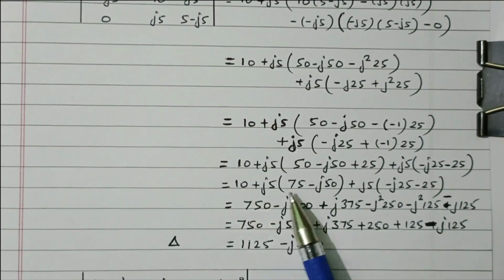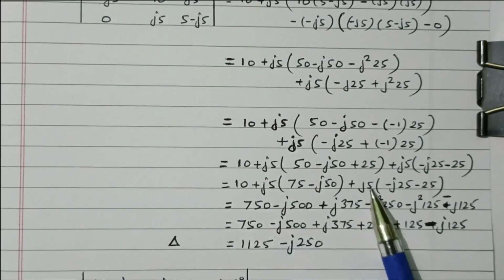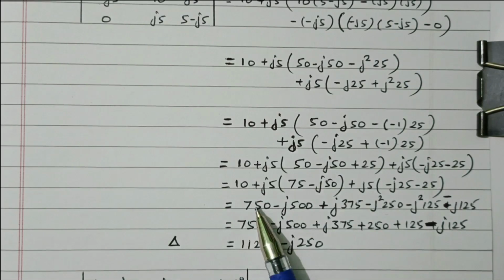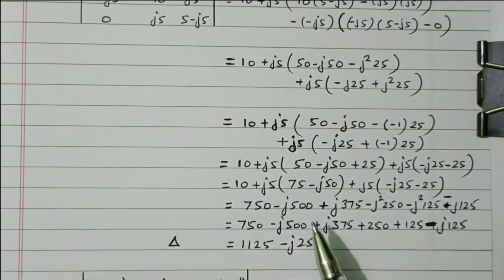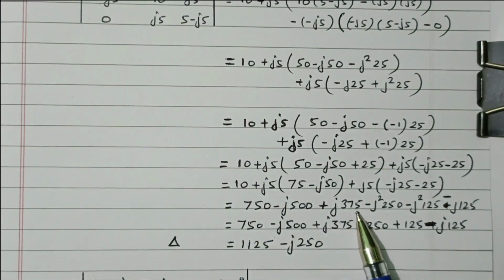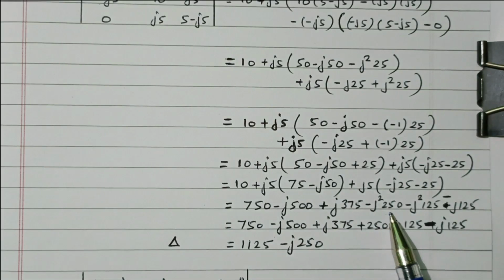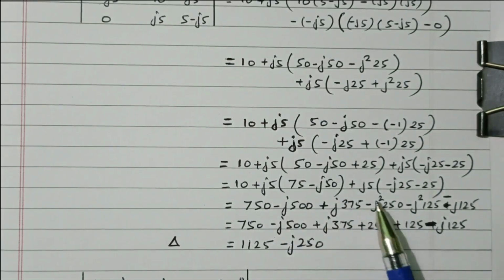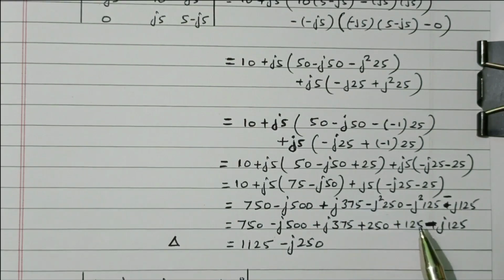Right, we will go for further simplification. Now we will multiply inside this. 10 + j5 is multiplied inside. So that's 750, first multiply with 10: 750 − j500. Then multiply with j5: plus j375 minus j square 250, 5 into 50, 250. The j5 is also multiplied inside: minus j square 125, minus j125.